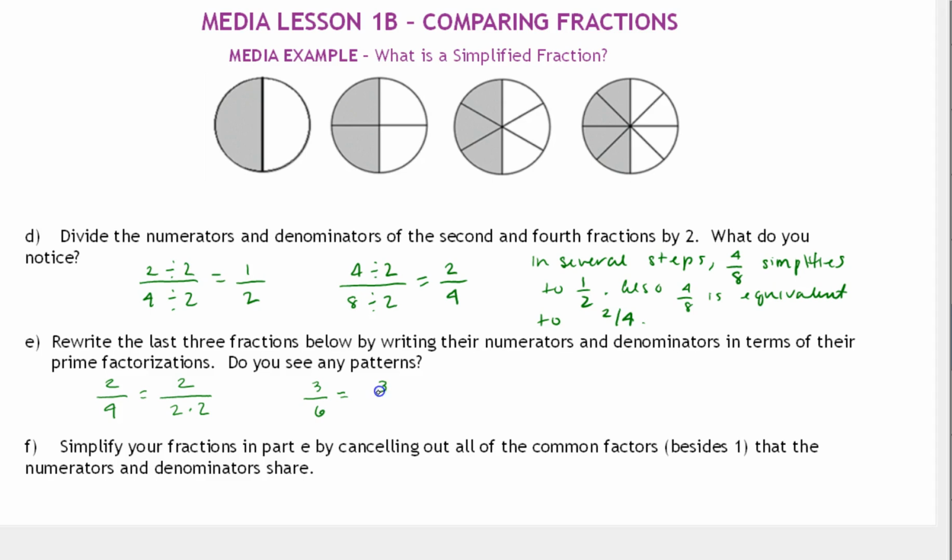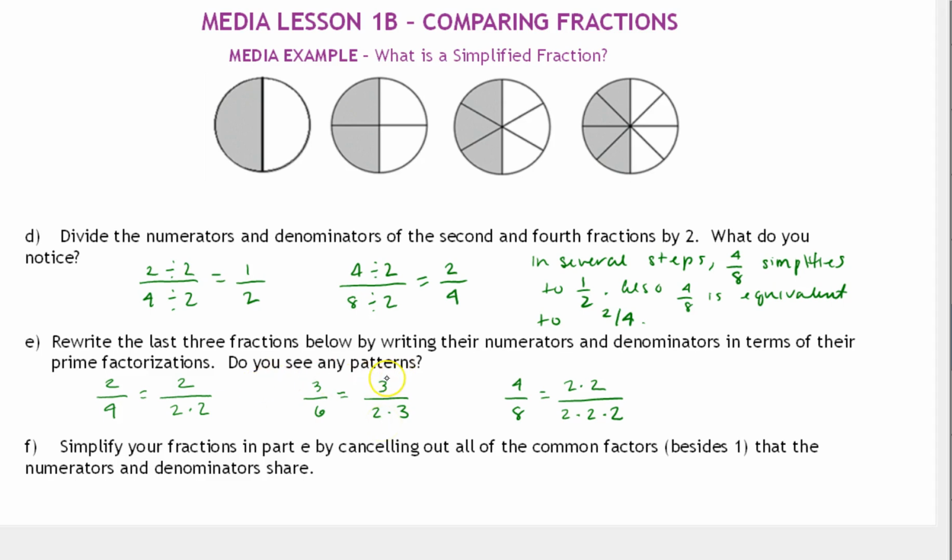Well, 3 is a prime number, and 6 is 2 times 3. Now, the last one is 4/8. 4 is 2 times 2, and 8 is 2 times 2 times 2. Okay? So I didn't make the trees for these prime factorizations, but you can if you need to.